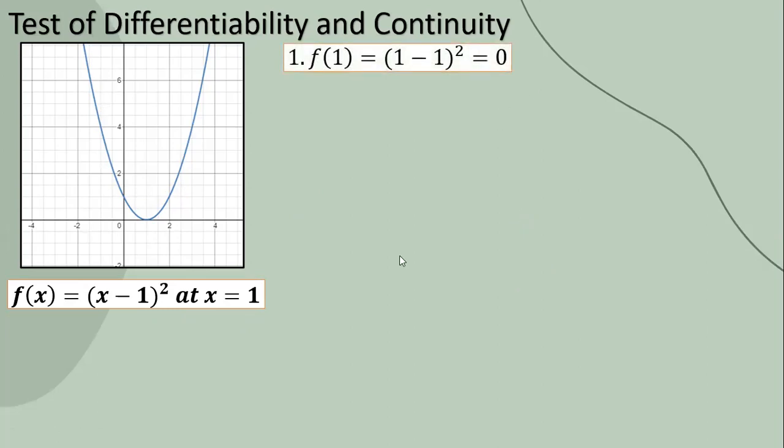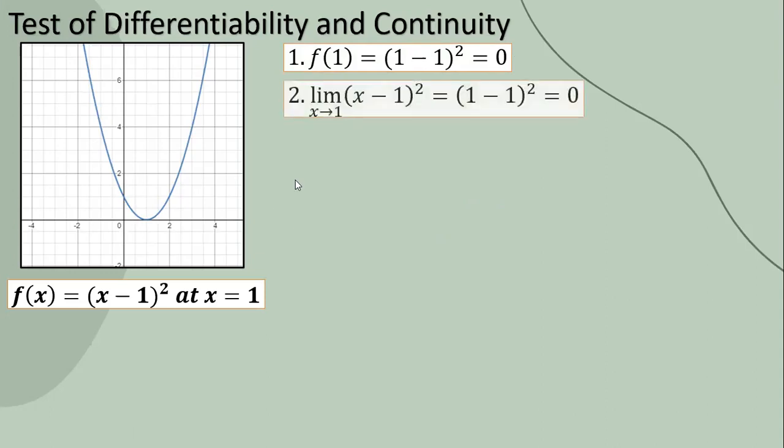The first one is we test if f of c exists. So f of 1 is equal to (1 minus 1) squared is equal to 0. Next, we test if the limit exists: the limit of (x minus 1) squared, the given function, as x approaches 1.